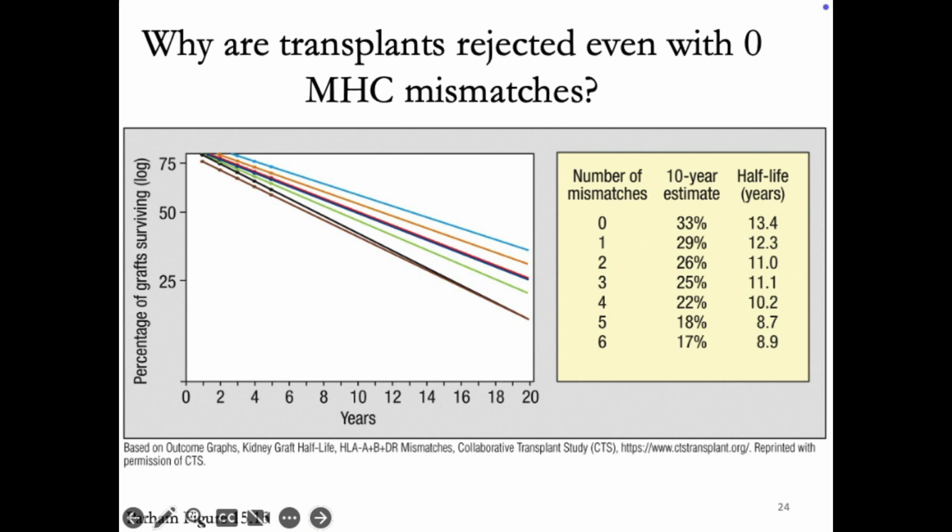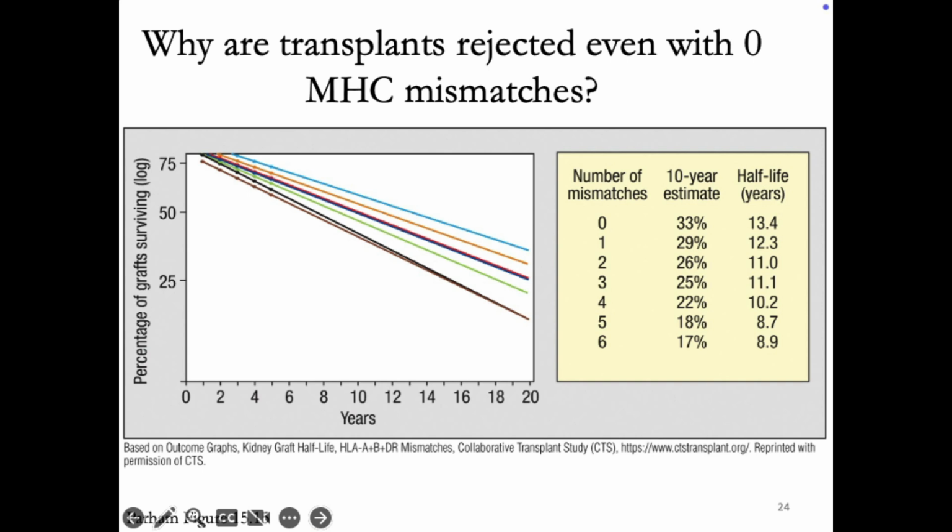If you look at the data that I'm showing you here, there are a couple of questions that sometimes people have. And the question that I want us to think about right now is about this zero mismatch situation.